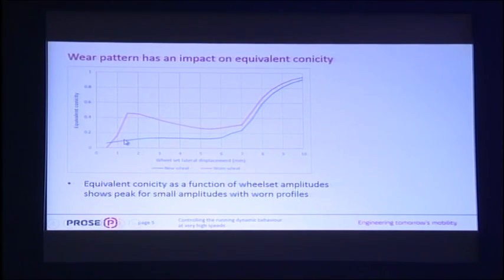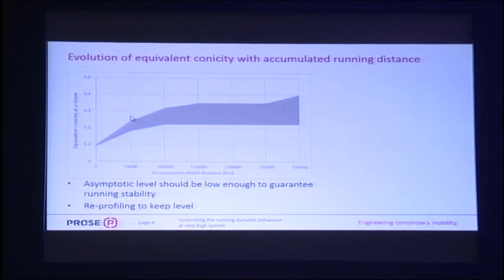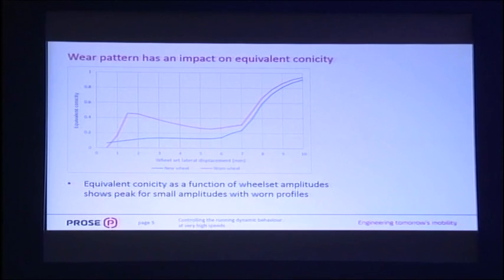And you see here at the amplitude of 1.5 millimeters, the equivalent conicity reaches a peak. And then it goes down with the increase of the amplitude and is stable at 0.3. So these small amplitudes produce these peaks.